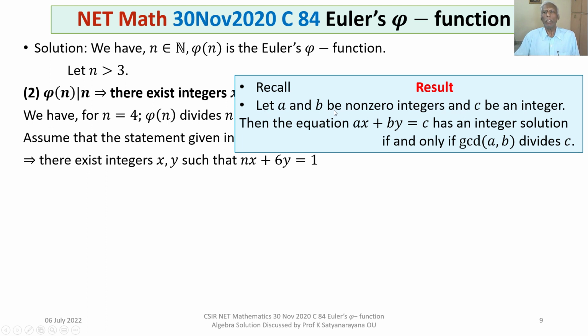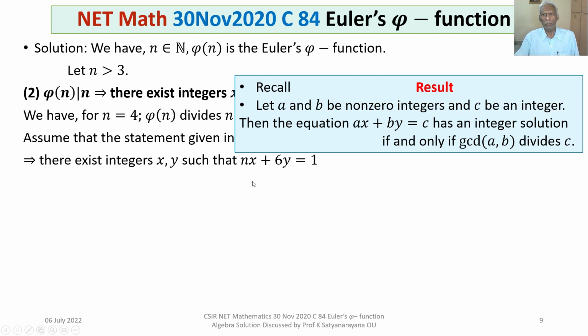Let a and b be non-zero integers and c any integer. Then the equation ax plus by equals c has an integer solution for x, y if and only if the GCD of a and b divides c. So by this result, there exist integers x, y such that nx plus 6y is equal to 1.